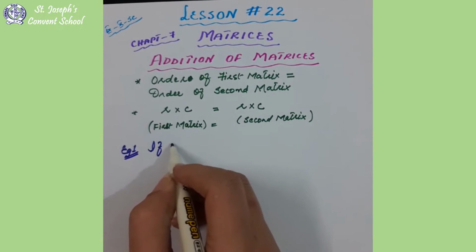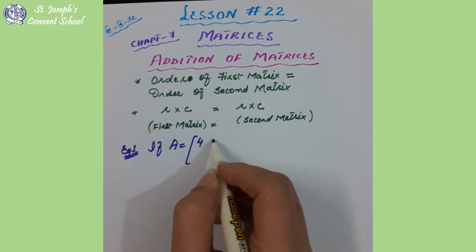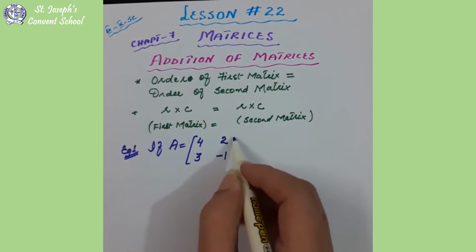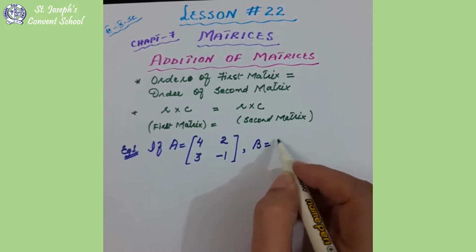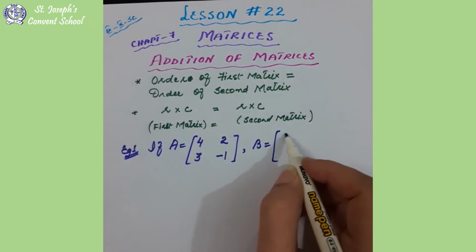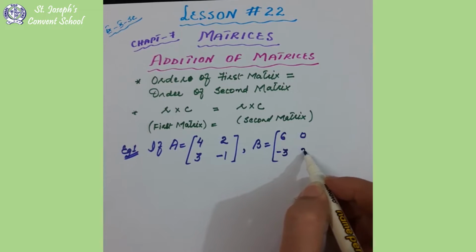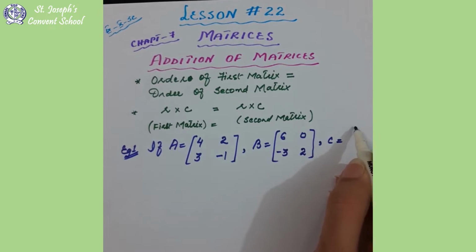Suppose matrix A is 4, 2, 3, minus 1. Matrix B is 6, 0, minus 3 and 2. And matrix C is 2 and 3.